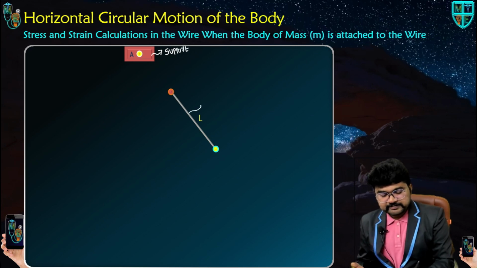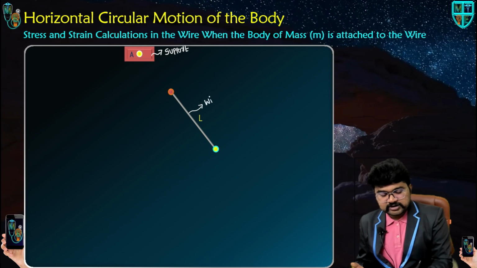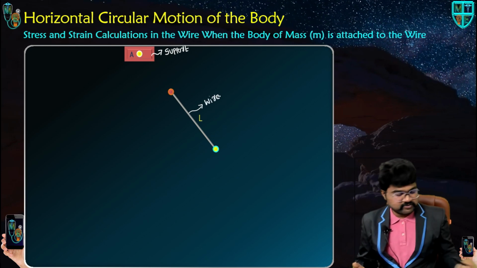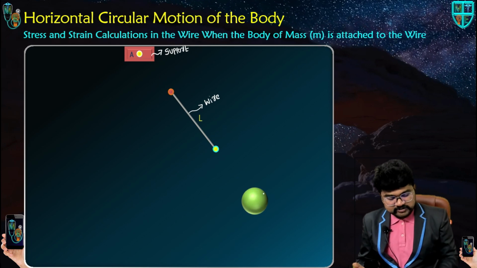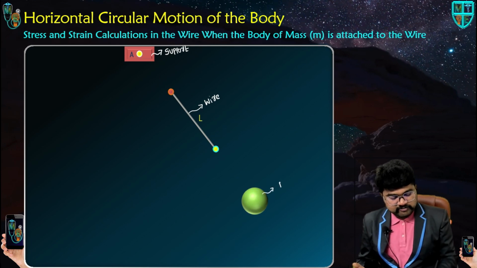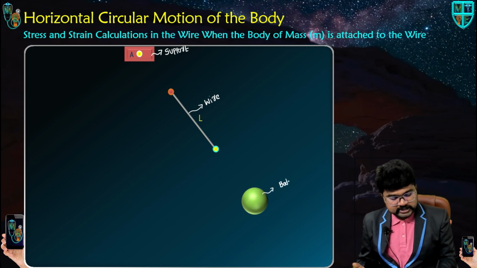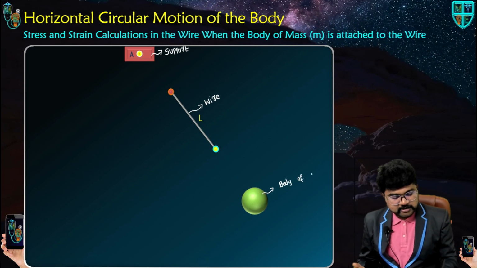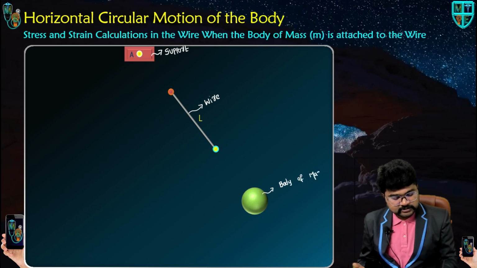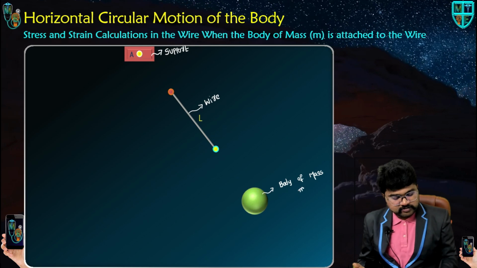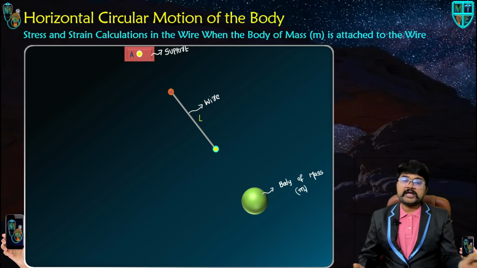This is the wire. We need to draw the free body diagram for the body of mass M and the wire.